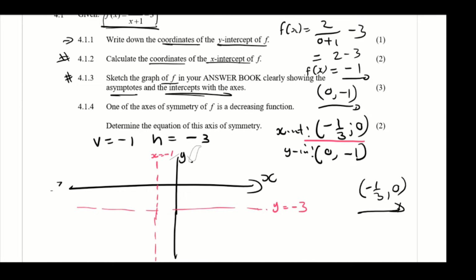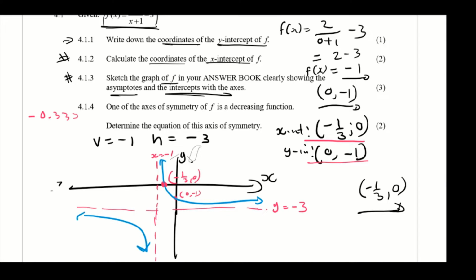So minus 1 over 3 is minus 0.333, so it's just here before negative 1. You're going to indicate that it's a minus 1 over 3 and 0. And then another coordinate is 0 and minus 1, which is here. So you're just going to join your points together, and this would be your graph, and another one here.